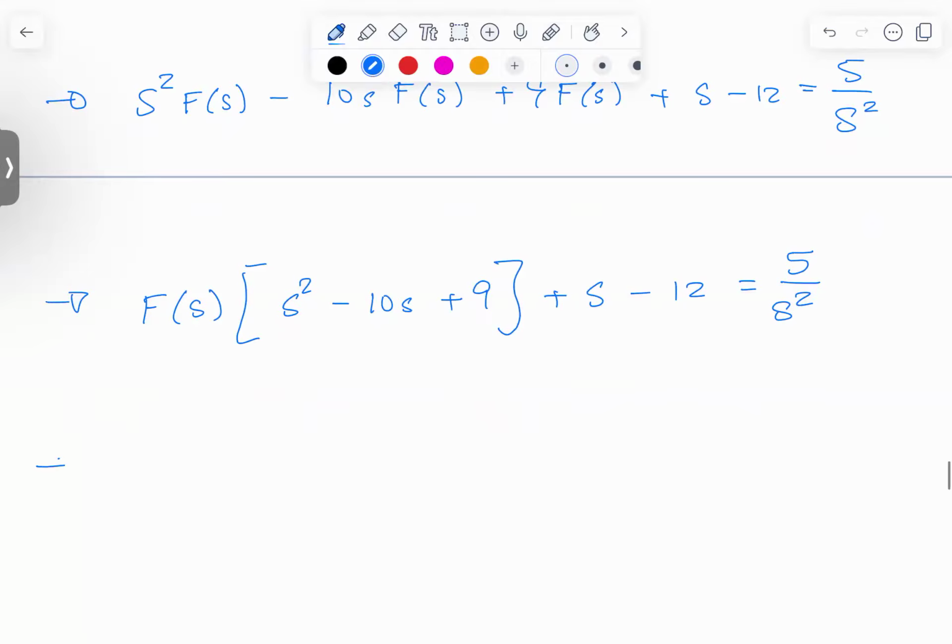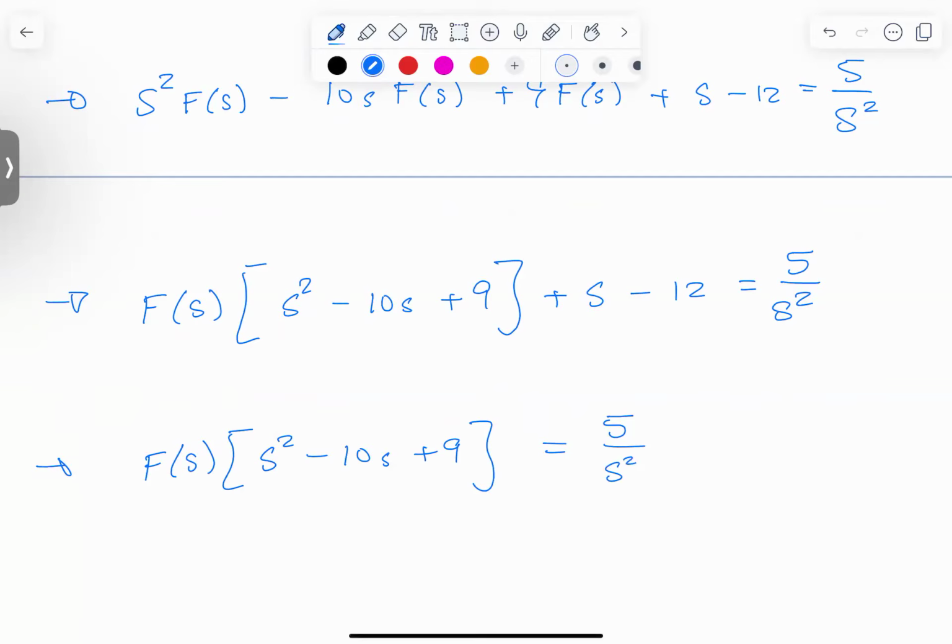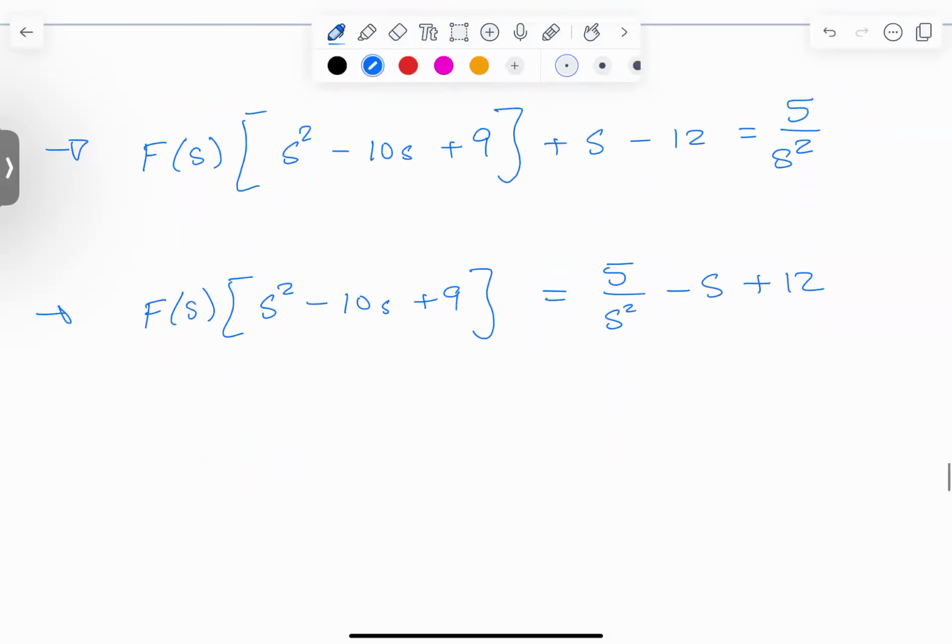And then in order to solve for it, I'm going to send that stuff to the other side. And then, again, solving for F of s, divide. This process is what we do every single time.